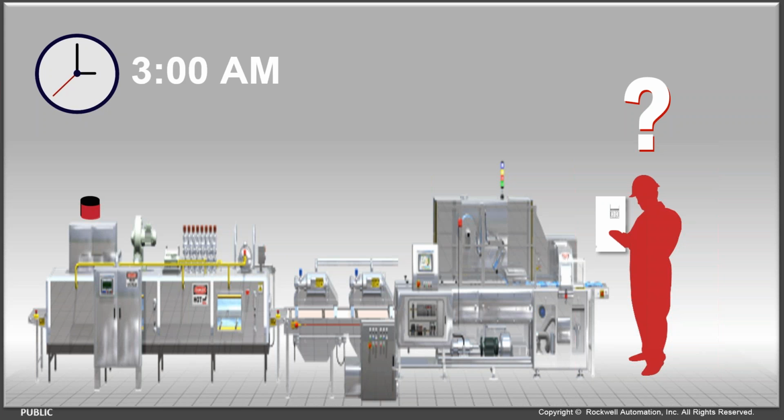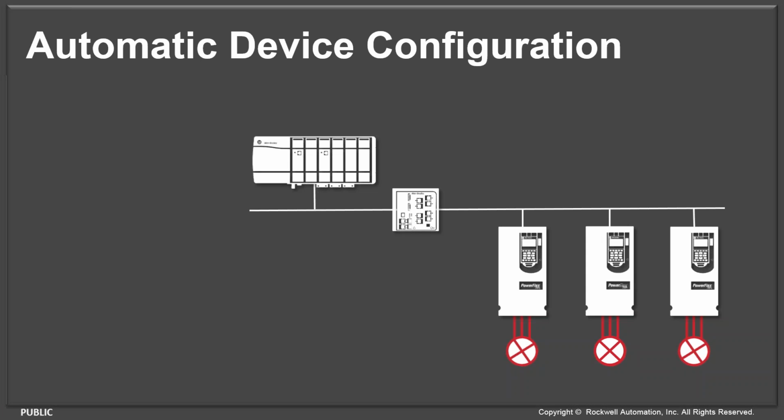Then you have to have the spare parts on hand and get a replacement installed. However, you're not the person who programmed the original drive, so you don't know where the correct files are, and on which PC the files are stored. These can all create a lot of delays.